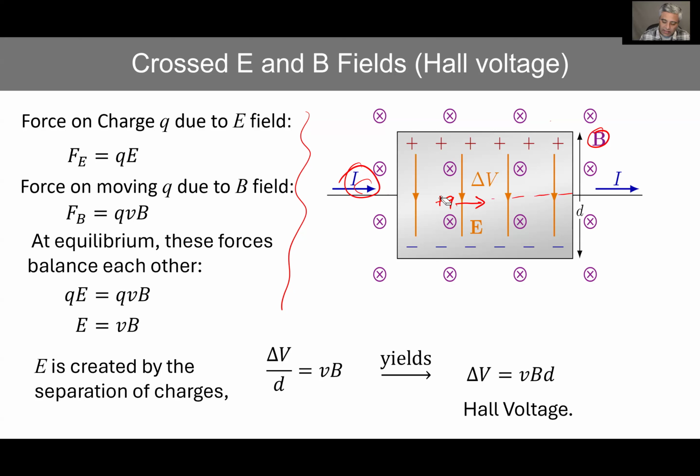So let's look at the forces acting on this using the right-hand rule. Since current is flowing this way, we can say V, the velocity of the charges, is to the right. And remember, the field is going into the page, so you need to free up your right hand.